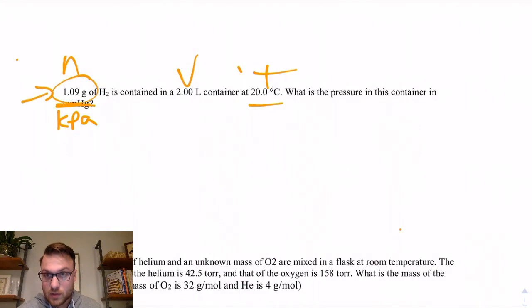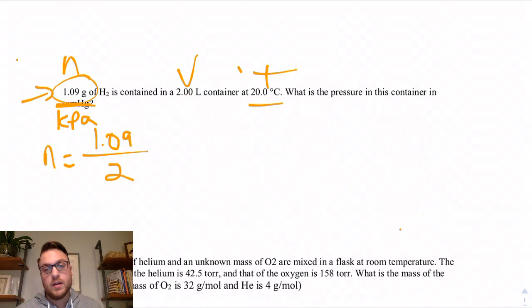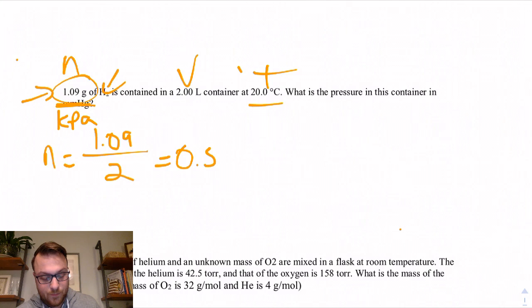To get n, just take the mass given in the problem and divide it by the periodic mass of whatever the gas is. In this case, it's H2. H weighs 1. If you have two H's, they'll weigh 2. You do 1.09 divided by 2. To make this easier, let's just assume that's 0.5. It's pretty darn close to 0.5, so let's pretend.